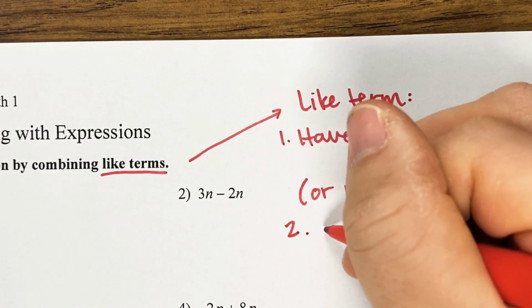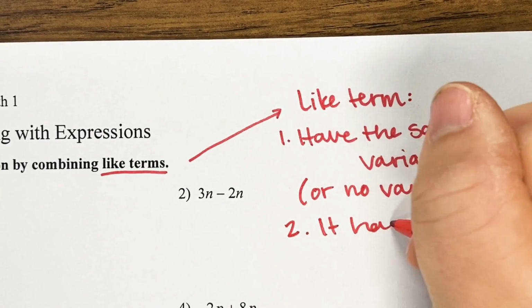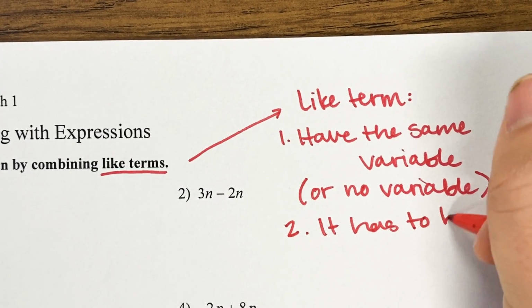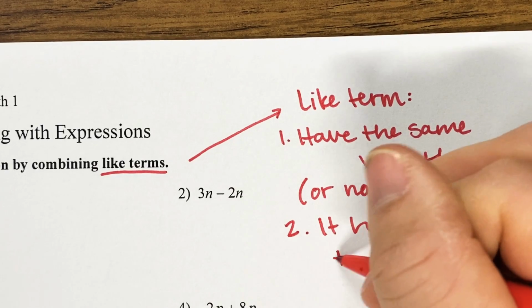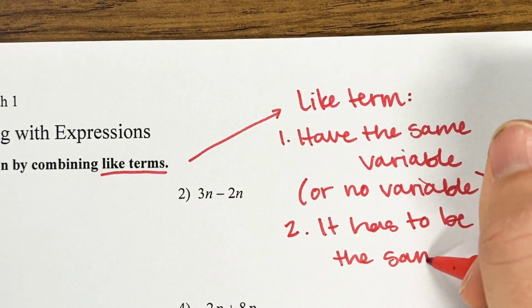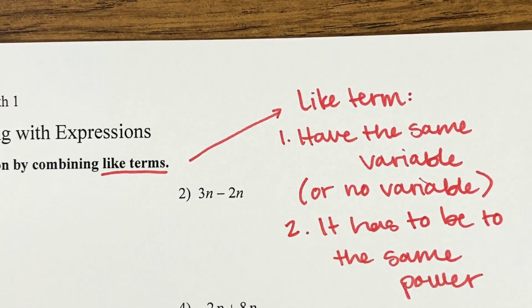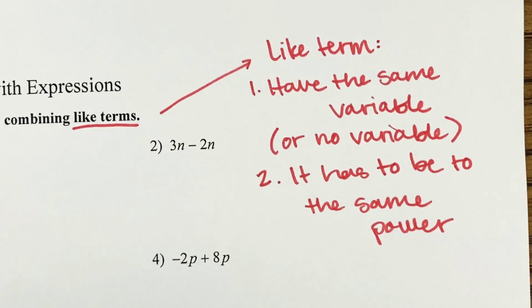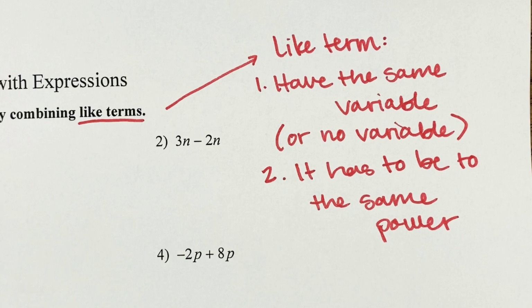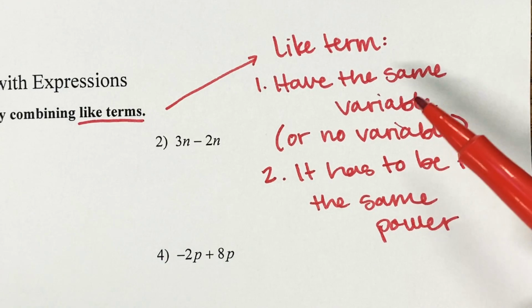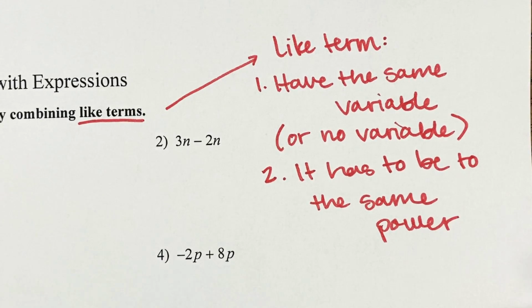And 2, it has to be to the same power. So that variable has to be to the same power if it has one. If it has an x, it has to be x to the first power and x to the first power, or x squared and x squared. So think same variable, same power.